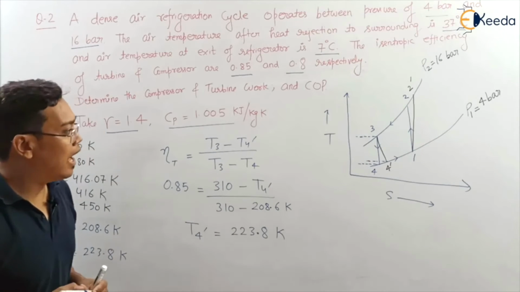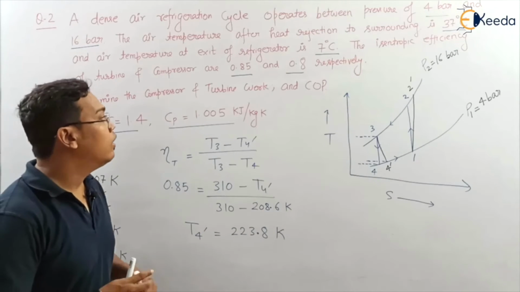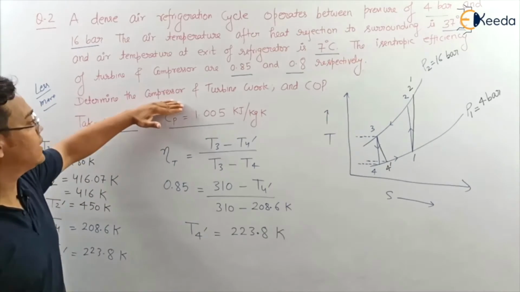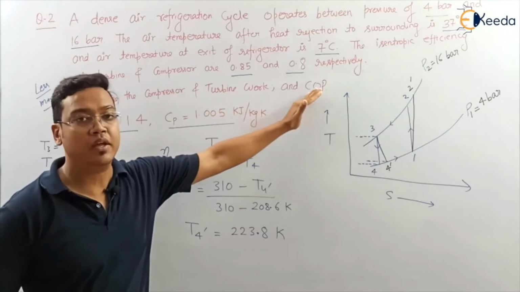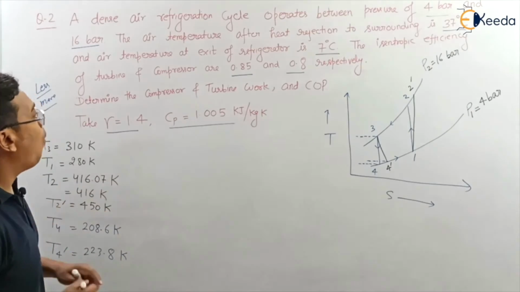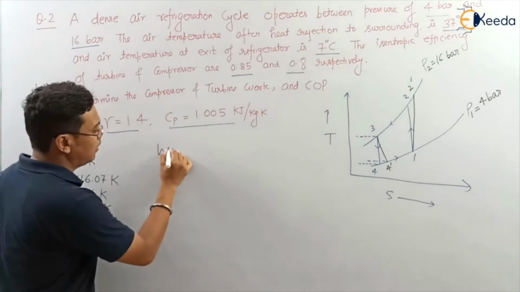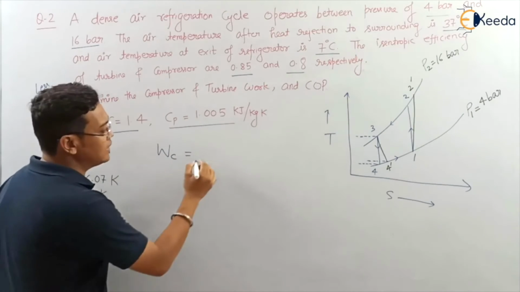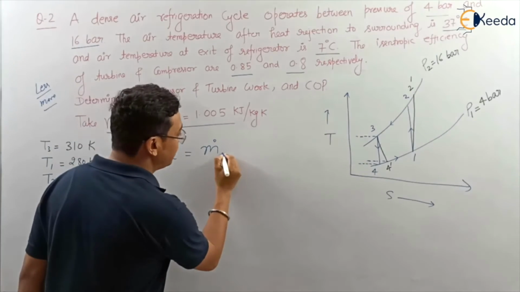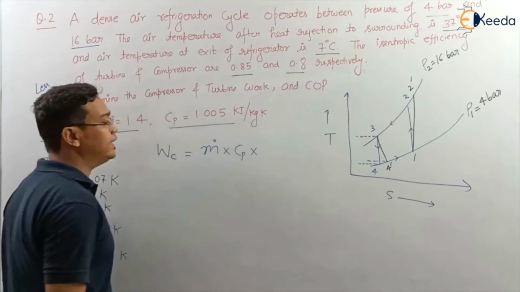Okay, friends. Now I think we got all the temperature values. So by putting all these temperature values in compressor and turbine work and COP, we can calculate. Okay, let's see. Now, what is the compressor work? You know, formula for compressor work is mass flow rate of refrigerant into Cp into change in temperature.